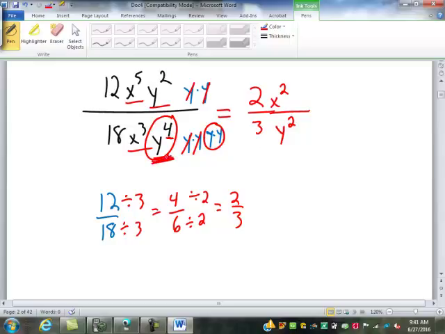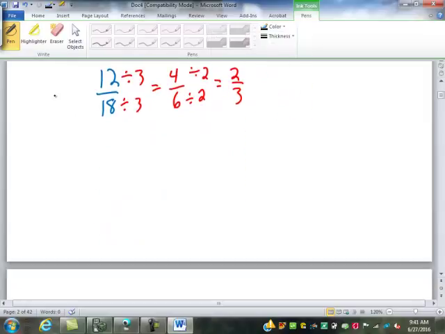The larger power is on the bottom. So in our result, the y is going to be on bottom. Notice, and that's exactly the right answer, by the way, so it can be positive. If it was on top, it would have been a negative 2, is what we would have had to put on it. So when the larger power is on bottom, the result stays on bottom. The power is still just the difference between them. The difference between 4 and 2 is 2.